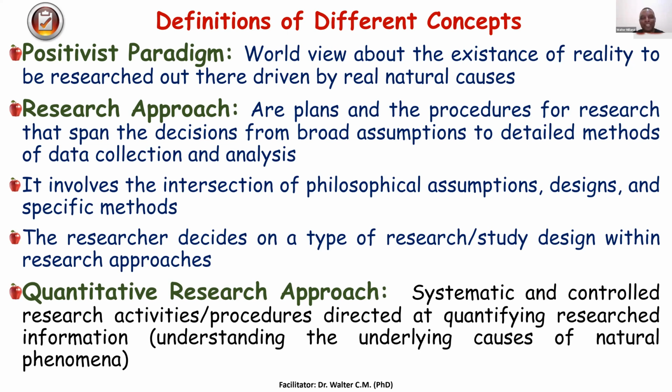So in this session, we're going to talk about the positivism paradigm because it's where the quantitative research approach falls in. When we say positivism paradigm, we mean a researcher's worldview about the existence of the reality to be researched. This reality exists in the society or in the field, the profession, and it does not come from the air.